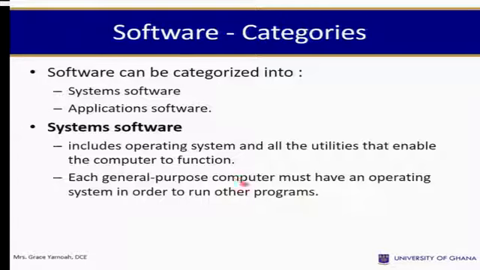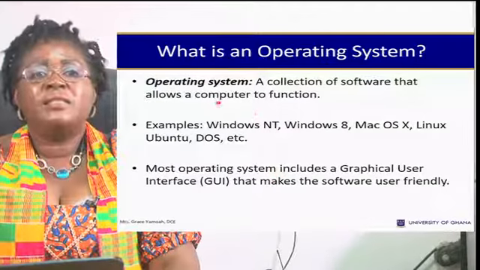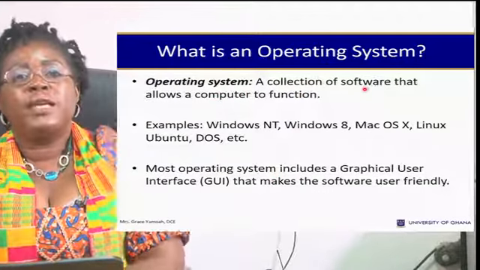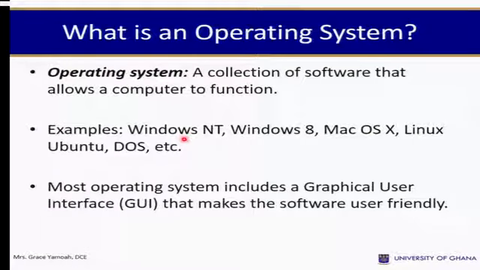Operating systems are a collection of software that allows a computer to function. Examples are Windows NT, Windows 8, Mac OS in different versions, Linux in different types, Ubuntu, and even the almighty DOS. Most operating systems include a graphical user interface that makes the software user friendly.